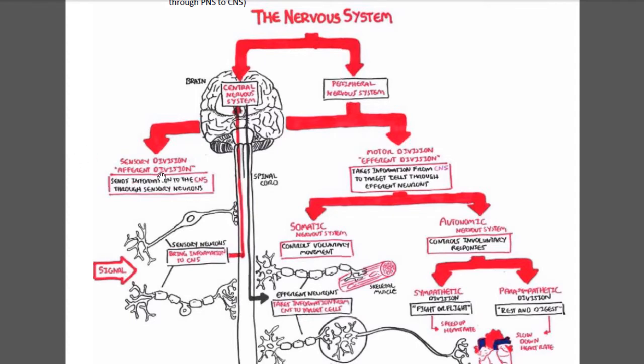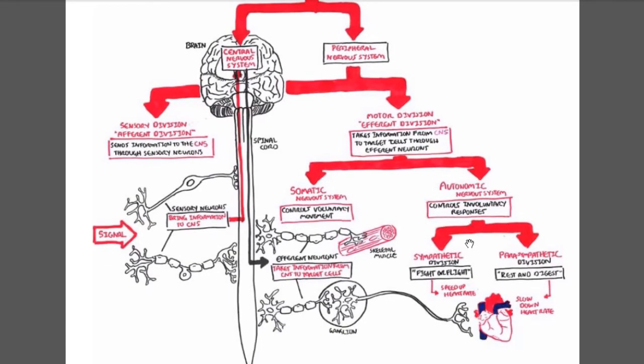If it's sensory or afferent, it's information from sensors somewhere, or even just regular cells sending information to the spinal cord. And if it's the motor division, it's from the spinal cord to something to make it act. Right? Then again, within the motor division, you've got the voluntary control, and you have the involuntary control, the autonomic nervous system. And then within the autonomic, you have the sympathetic and parasympathetic. Fight or flight, rest and digest.